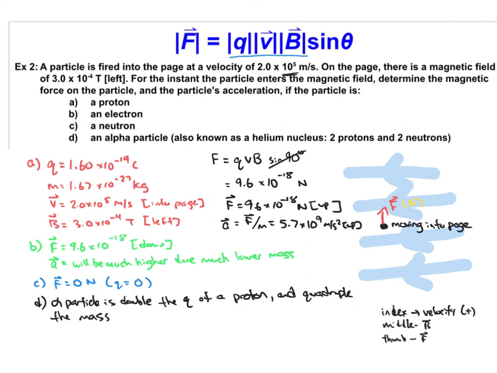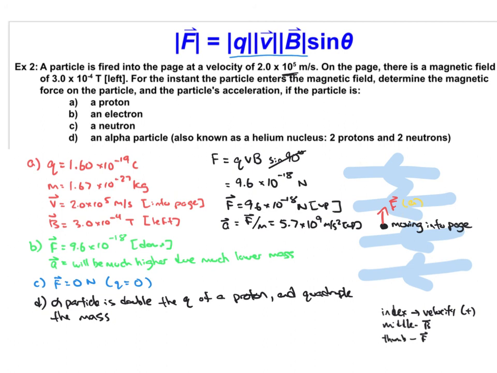And a neutron and a proton have approximately the same mass. To round it to 3 significant digits, it's the same, 1.67 times 10 to the negative 27. But they don't have any charge. So an alpha particle has double the charge, so double the Q, and quadruple the mass.